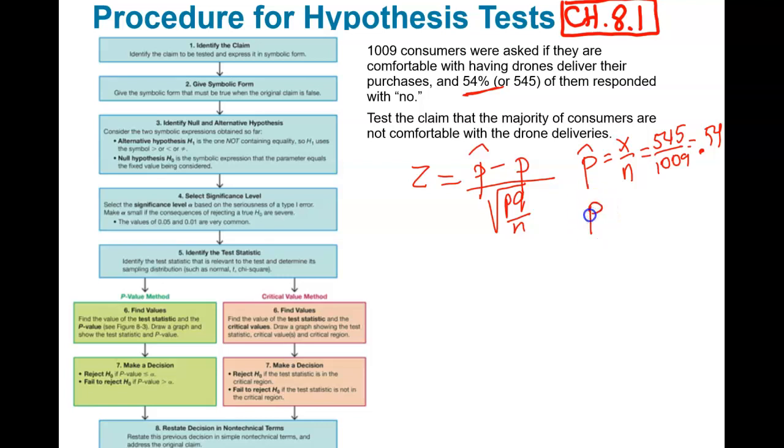The P is our population proportion, which is in this case, we're testing the claim that the majority of consumers, so P is 0.5, Q is 1 minus 0.5, which is also 0.5 in this case, and N is 1009.